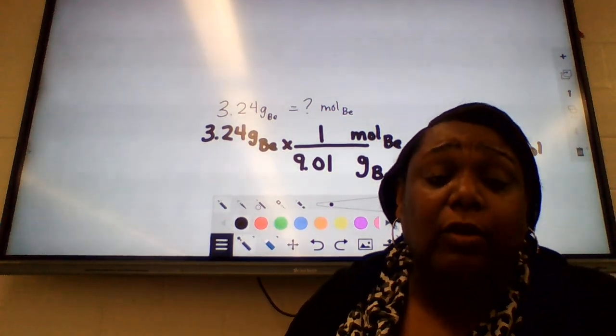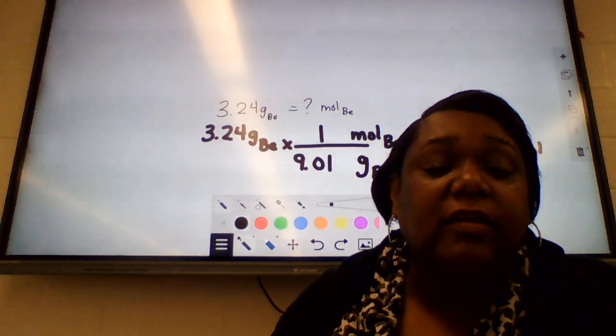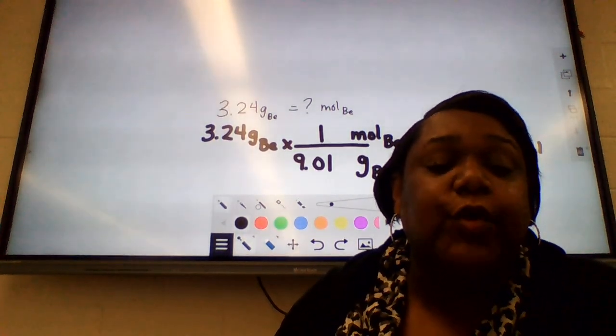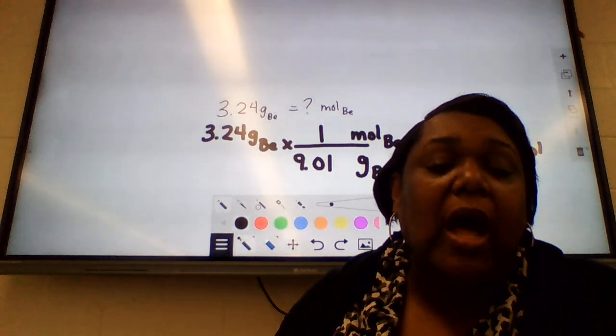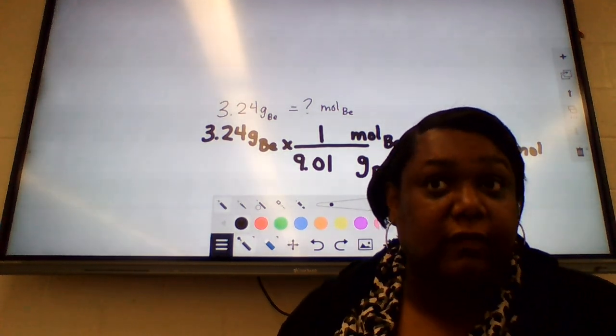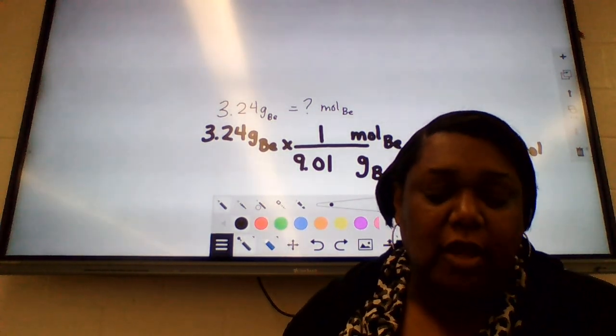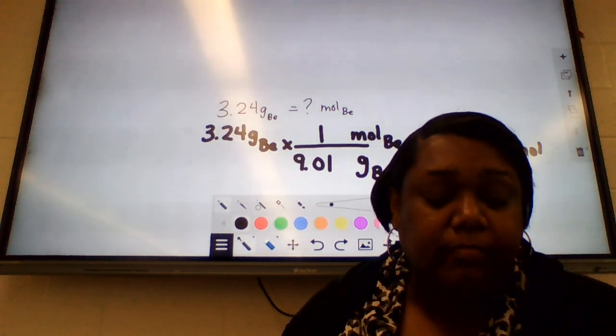But when I say particles, what terms am I referring to? The biggest thing that you need to remember is that there are 4 different kinds of particles that you can have. The 4 kinds of particles will depend on whatever the substance is. So when you've got elements, your kind of particle is an atom.